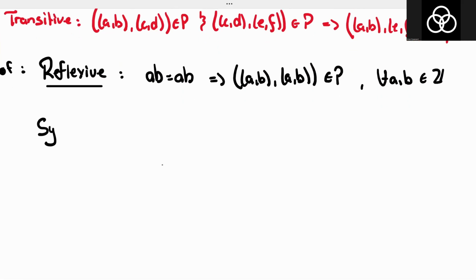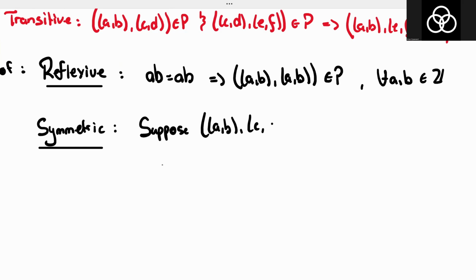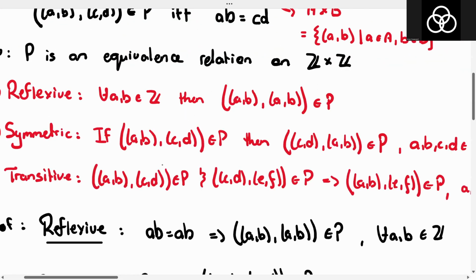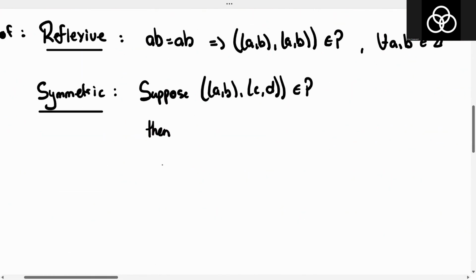Let's see, we have symmetric now, right? So for this one, suppose (a,b) is related to (c,d), right? So by definition of the relation, this means that ab is equal to cd.